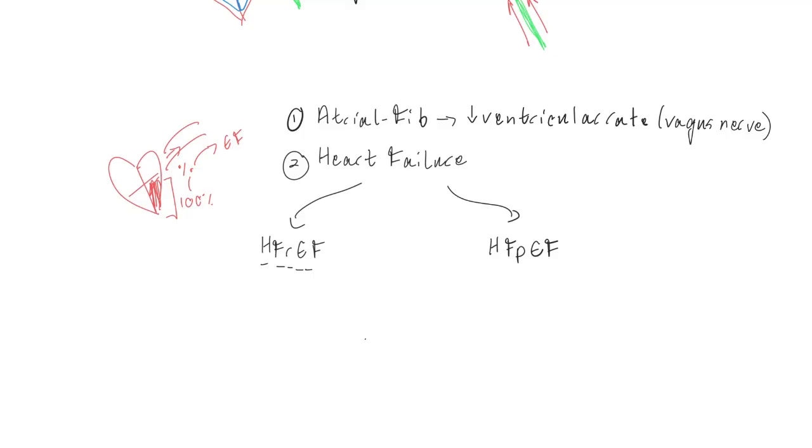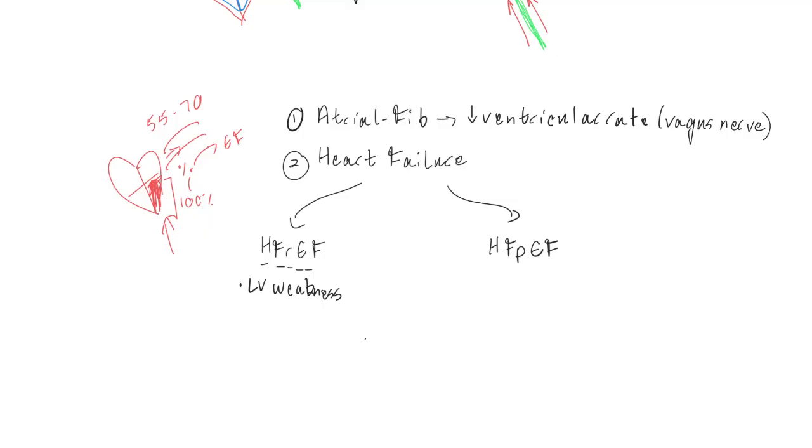So normal ejection fraction is between 55 and 70%, meaning between 55 and 70% of what's sitting in the left ventricle gets ejected. So heart failure with reduced ejection fraction means that basically the left ventricle is weak, left ventricle weakness. It can't contract effectively. Blood is not ejected properly.